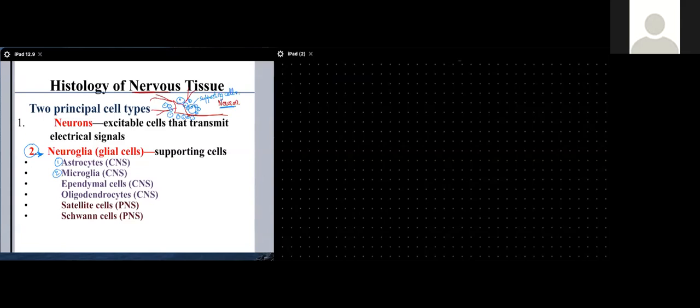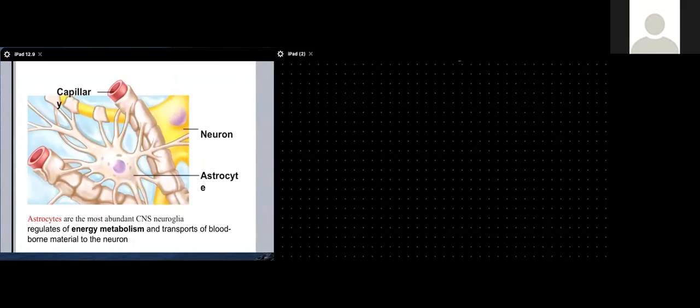Next is microglial cells, ependymal cells, oligodendrocytes, satellite cells, and the Schwann cells. Those are the neuroglia or the glial cells that did appear in the background of the neurons, of the nerve cells. Let's start our discussion with the supporting cells.